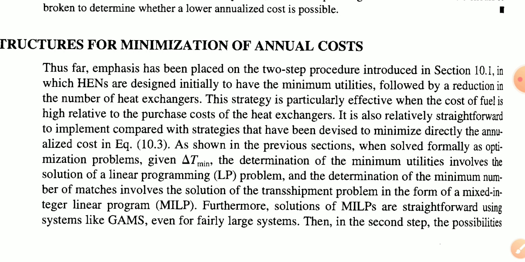Okay, now as shown in the previous section part, when solved formally as optimization problems given the delta T minimum, the determination of the minimum utilities involves the solution of linear programming problems, and the determination of the minimum number of matches involves the solution of the transshipment problems in the form of a mixed integer linear programming.